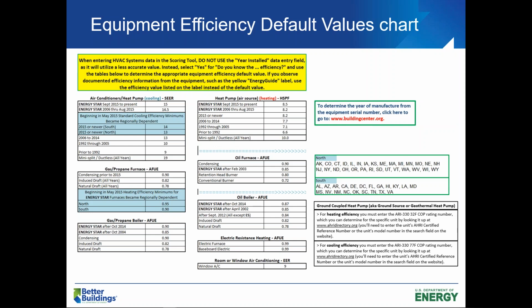If you use dates, especially with new equipment, you're going to derate them significantly, so the house will score lower than you would expect. So use the table based on the dates and the equipment type and whether it's an Energy Star or not, and enter the efficiency. Please do not use the dates.